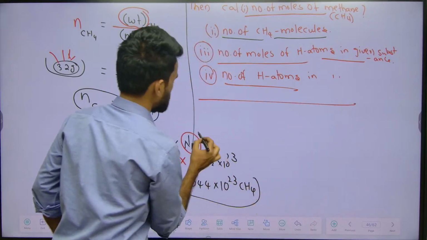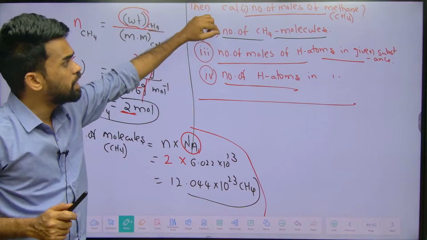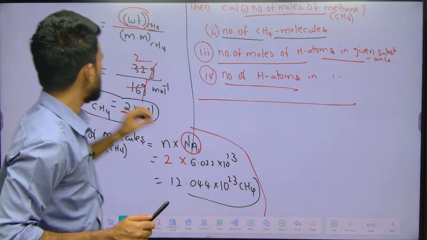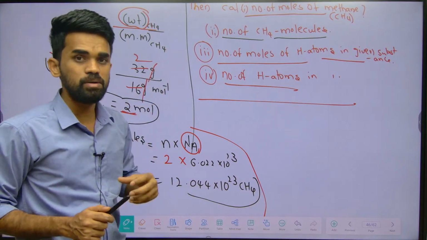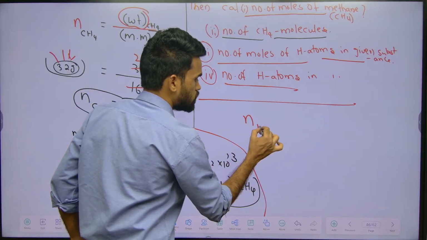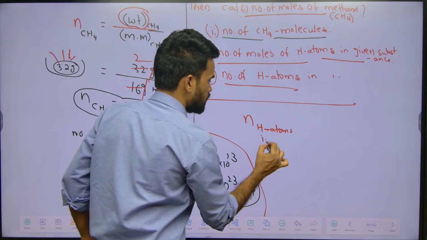See, what is the next question they have mentioned? The third one: number of moles of hydrogen atoms in the given substance. How many hydrogen atoms are there, how many moles of hydrogen atoms are there in the given substance. So they are asking the number of moles of hydrogen atoms in methane.